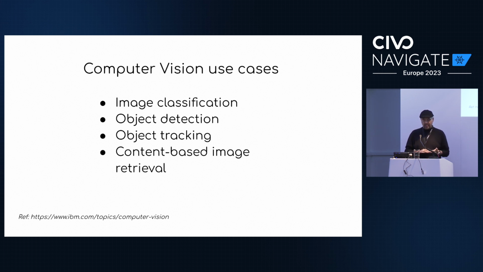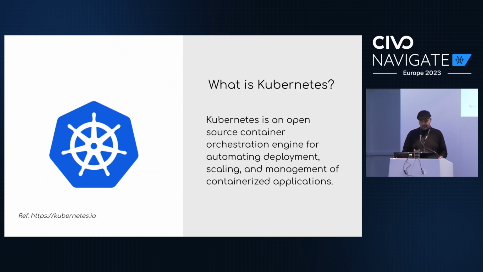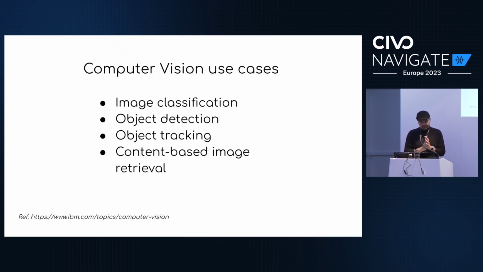If you need to detect objects, that could be computer vision, or tracking the movement of an object, computer vision too. Anything that you can get or analyze from an image can be computer vision. So that's the reason for smart traffic systems, which could be computer vision.